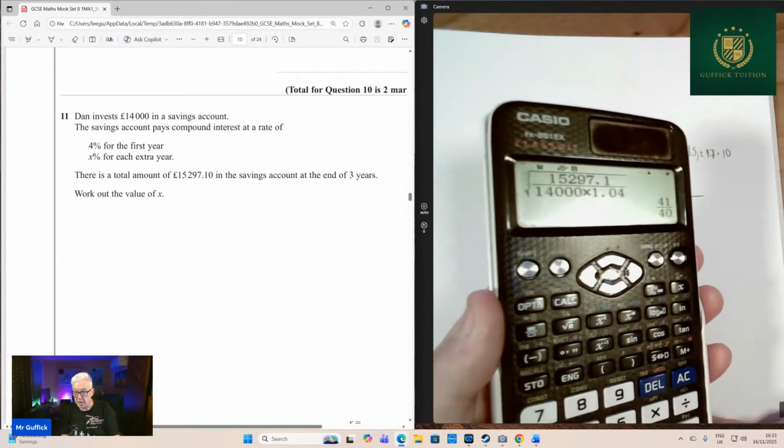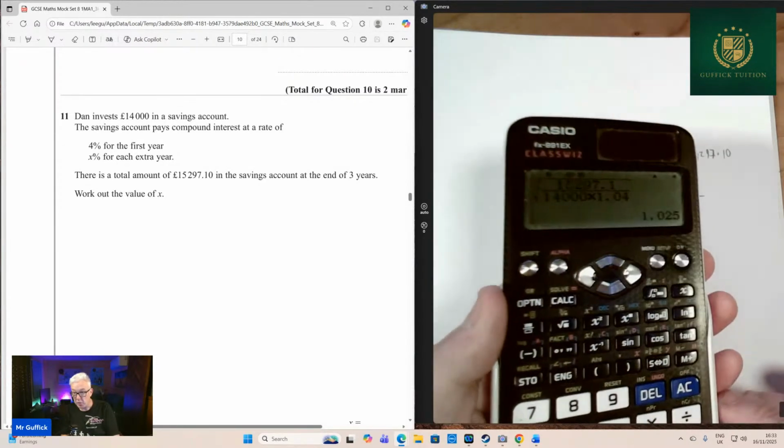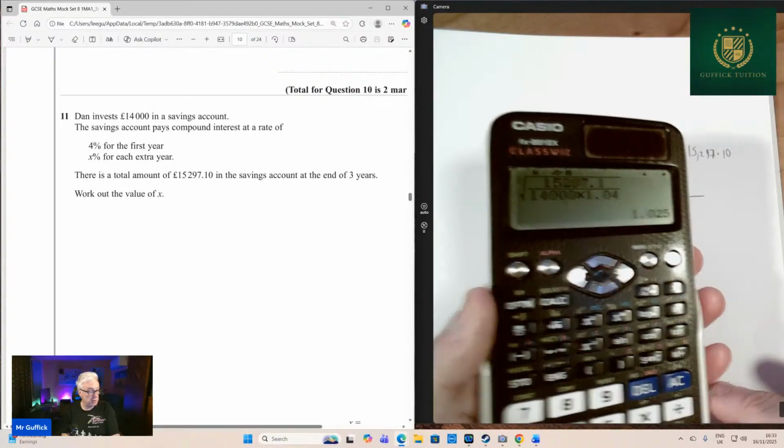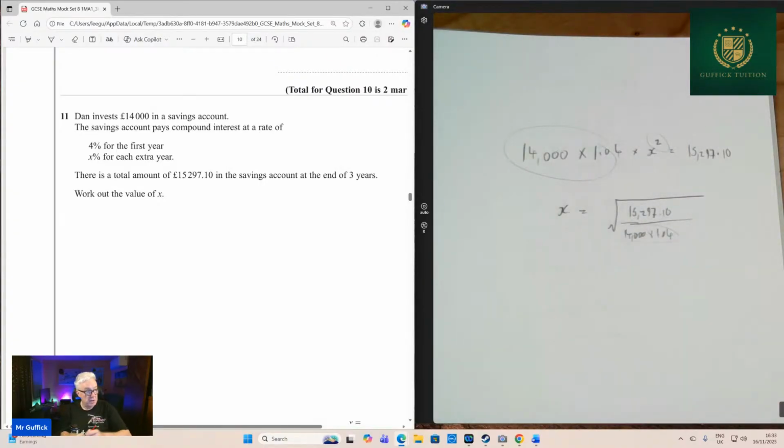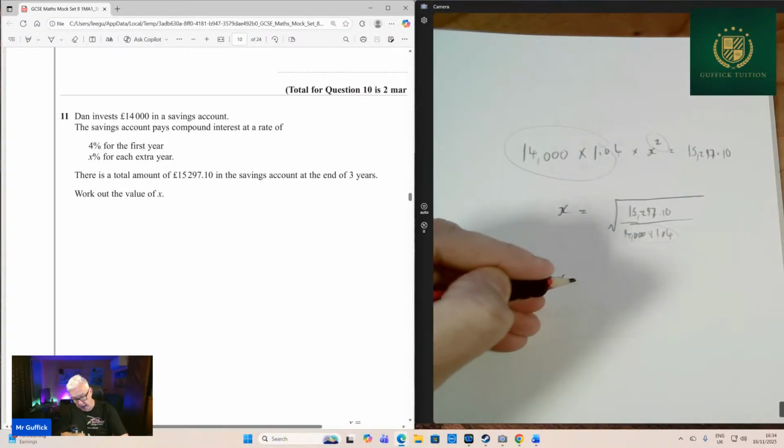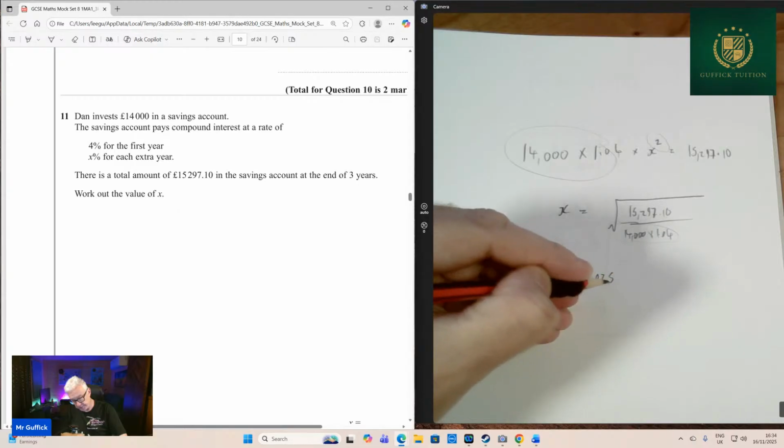Okay, so now when I press equals there, I get 1.025. So let's write that down. So X, I've called it X, is 1.025.